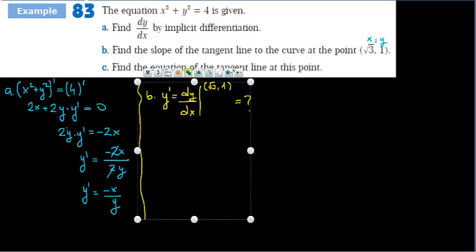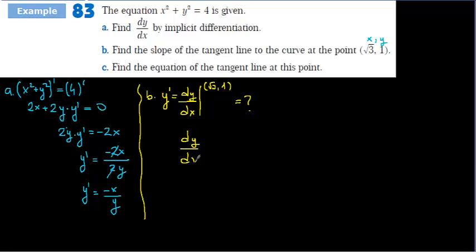Okay, this one is going to be dy over dx is equal to minus x over y, which is equal to, if you replace the x by root 3, minus root 3 over 1.